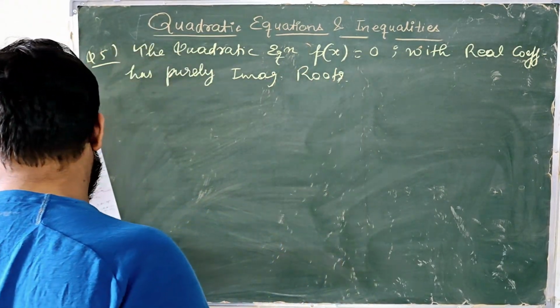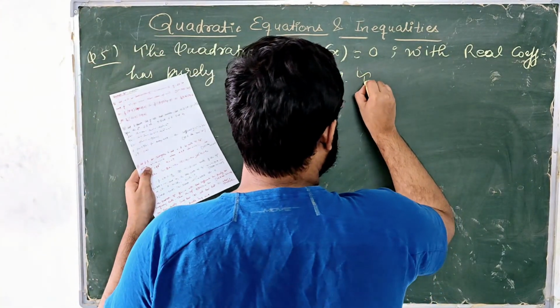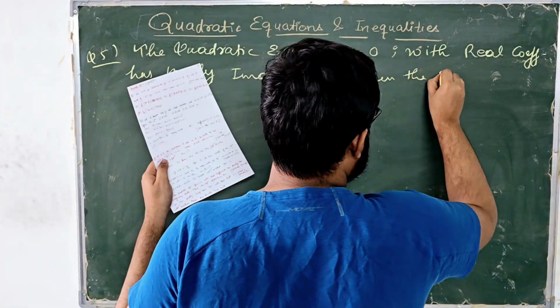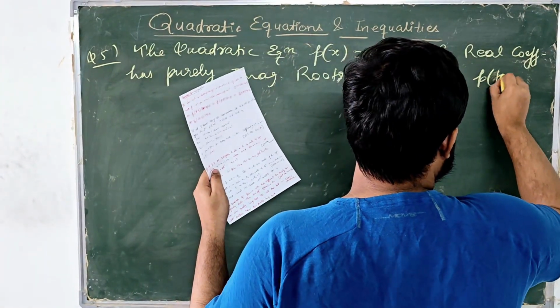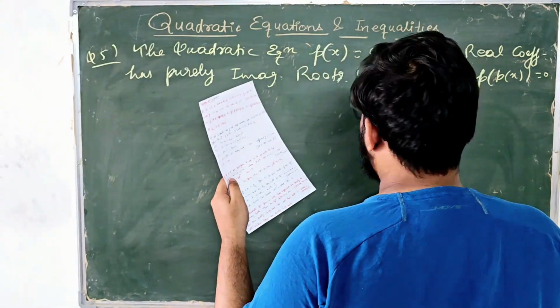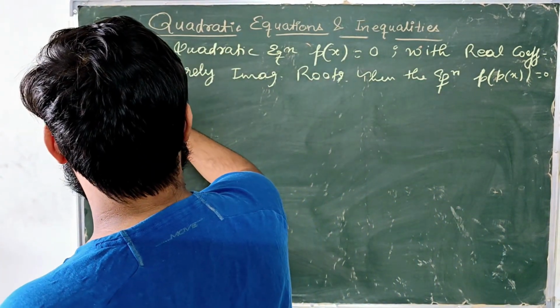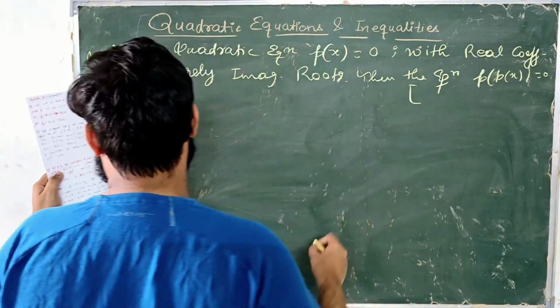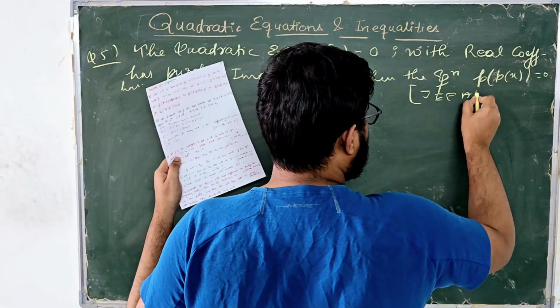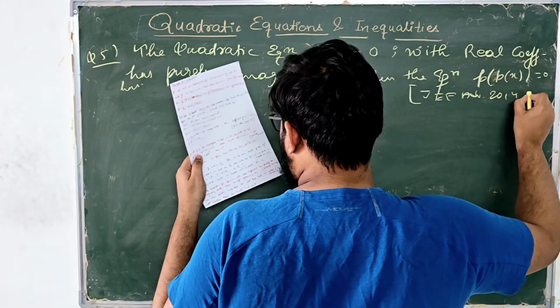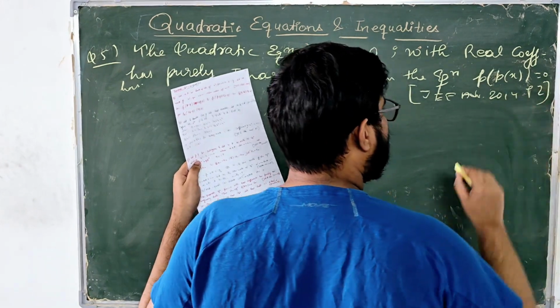Okay. Then the equation P of x equal to 0 has, before writing the option, let me tell you it is from JEE Advanced 2014 paper 2. Okay, so now let's solve it.